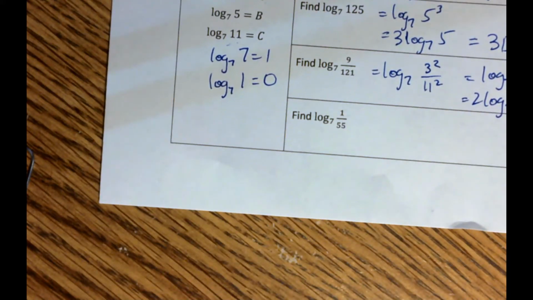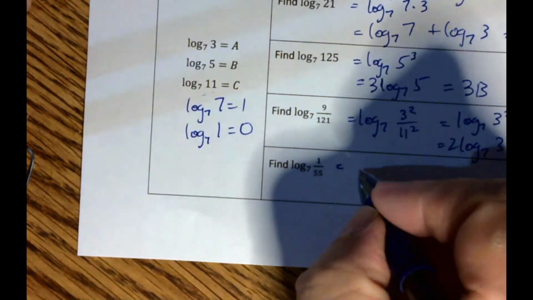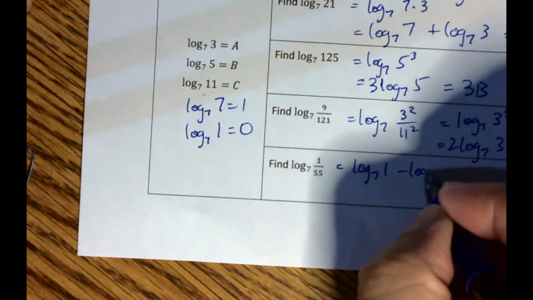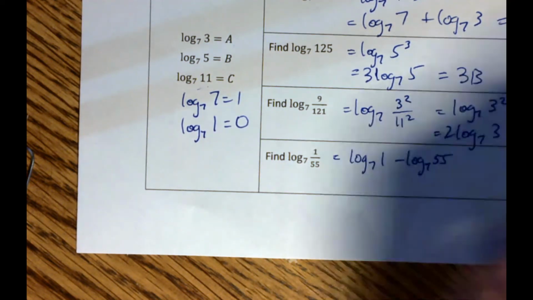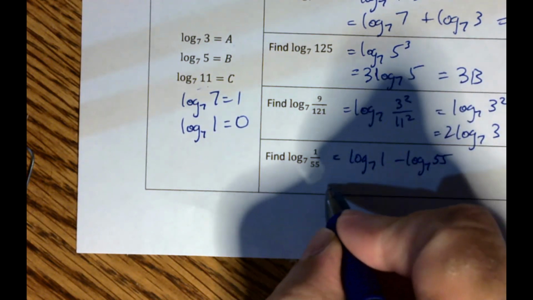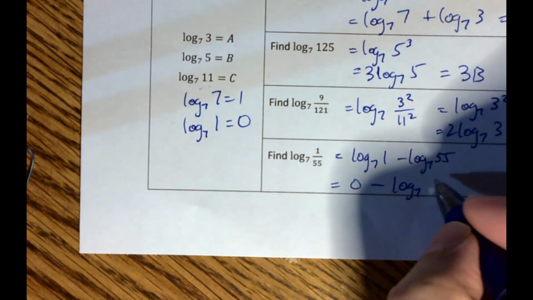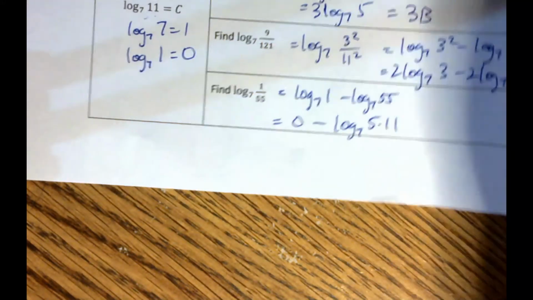All right, last example. Log base 7 of 1 over 55. That's the same thing as log base 7 of 1 minus log base 7 of 55. And log base 7 of 1 is 0. 55, I'm going to write that as log base 7 of 5 times 11. Now, this is where a lot of mistakes get made.